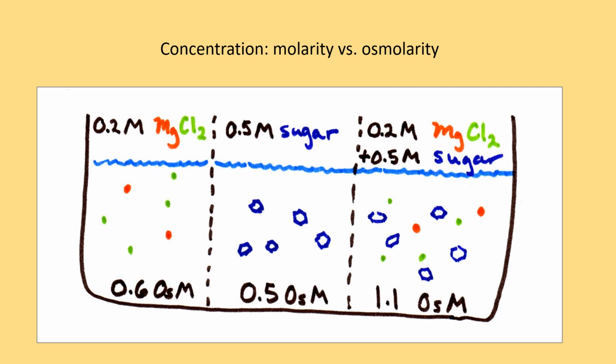As we previously talked about, magnesium chloride gives rise to 3 particles, and glucose just stays 1 particle. So we take our 0.2 molar magnesium chloride and multiply by 3 to get 0.6. And we take our 0.5 and just keep that at 0.5. You can think about it as multiplying by 1. That'll give you the same result. And so 0.6 plus 0.5 equals 1.1 osmoles.